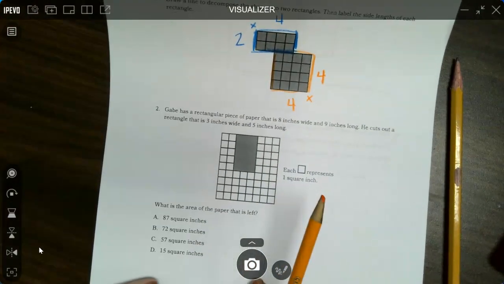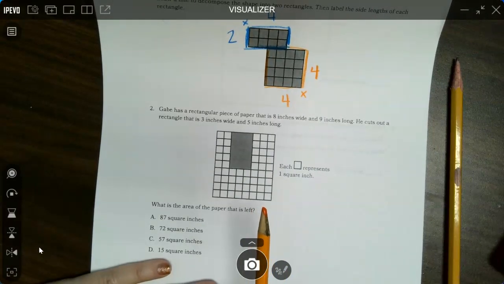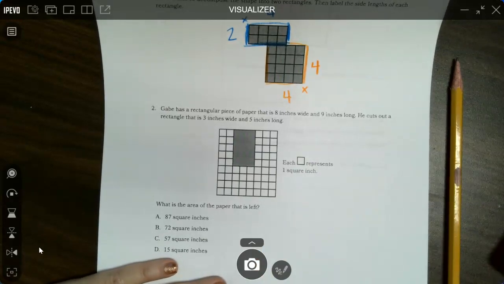Number 2 says Gabe has a rectangular piece of paper that is 8 inches wide and 9 inches long. He cuts out a rectangle that is 3 inches wide and 5 inches long.